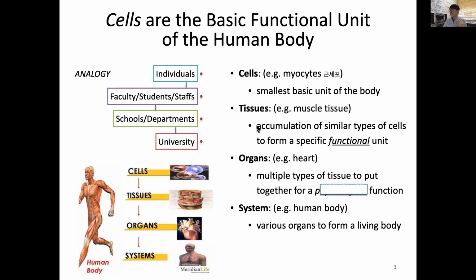And multiple types of tissue can be put together to form a physiological function. For example, muscle tissue forms an organ, which is the heart. The heart has a specific physiological function, basically pumping oxygenated blood and also gathering deoxygenated blood and sending it to the lungs for oxygenation. And these various organs put together can form a living body, which we call a system.